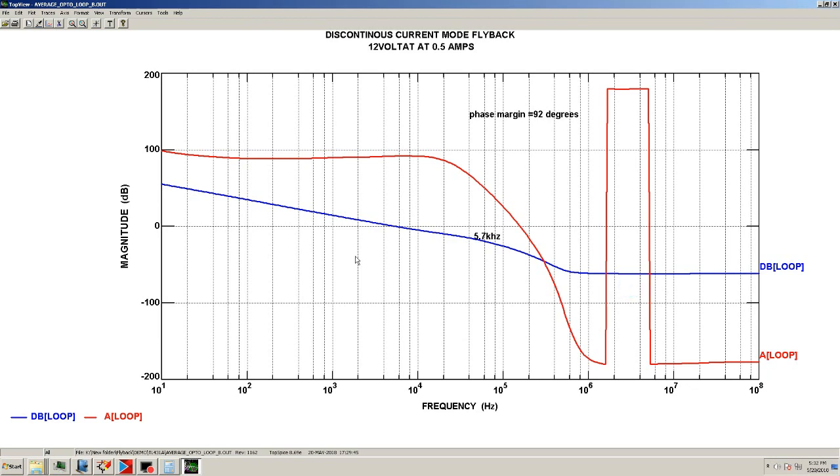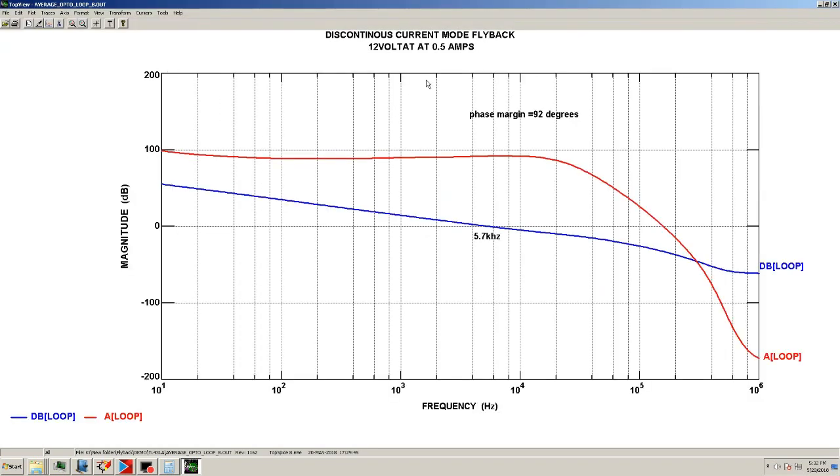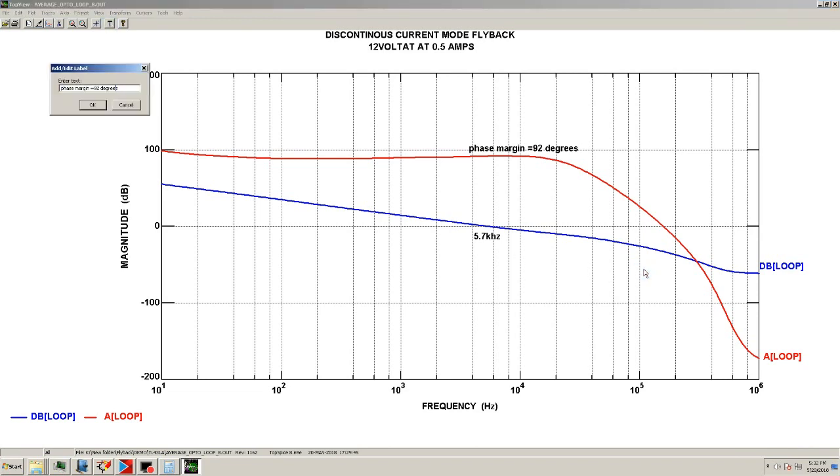Not sure what I did that changed it. That would be down here, and then let me re-add this again. I thought it was -32 dB. dB right there.